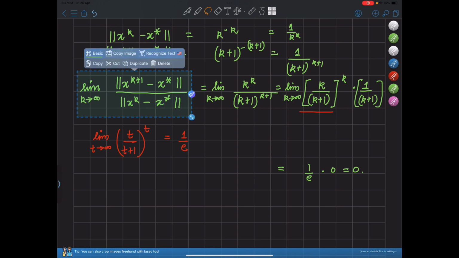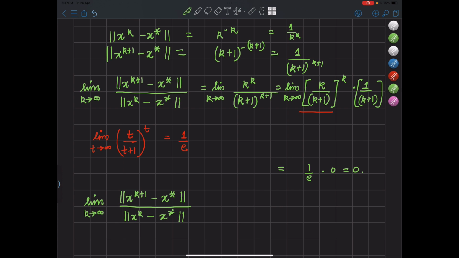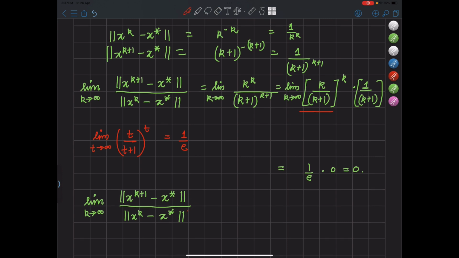Now let us look at the quadratic term. So basically, limit k tends to infinity, norm of xk plus 1 minus x star upon norm of xk minus x star to the power 2. Let us calculate this. This is k to the power 2k upon k plus 1 to the power k plus 1, limit k tends to infinity.